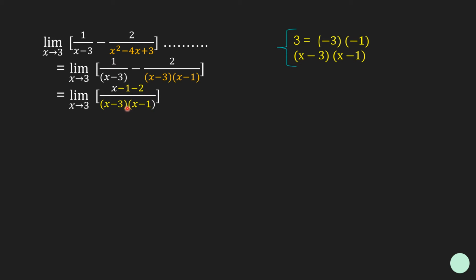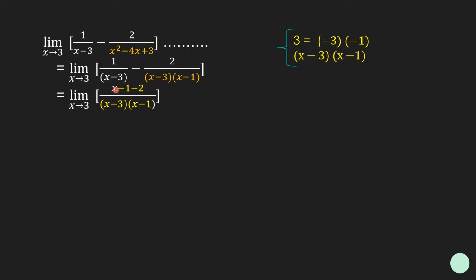Now how is this done? First, we will divide x minus 3 into x minus 1, which is the common denominator, by x minus 3. So x minus 3 will get cancelled, and what remains is x minus 1. We will multiply this x minus 1 by this 1 and will write here.